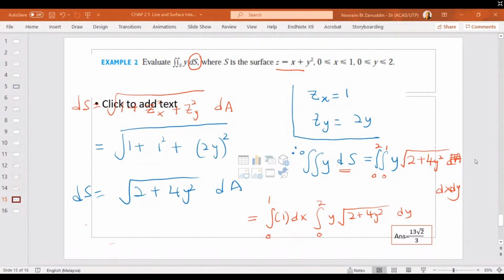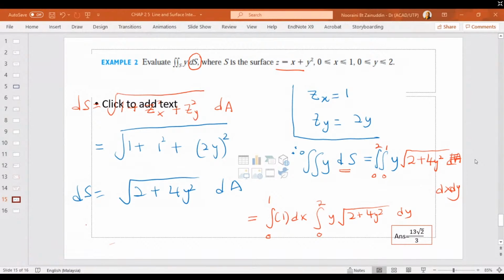If you can split your function into two functions, function x and function y, you can apply the product. Here we can split it, so we can apply it. If you cannot split it, don't apply it; you need to integrate directly, one by one.